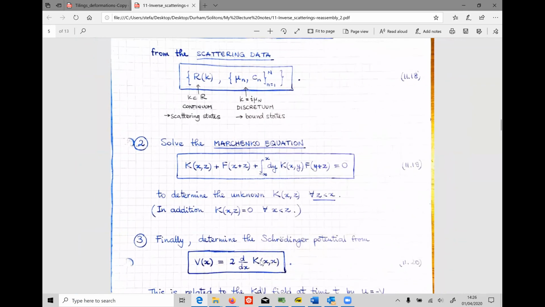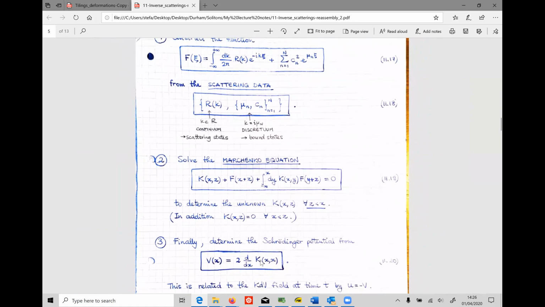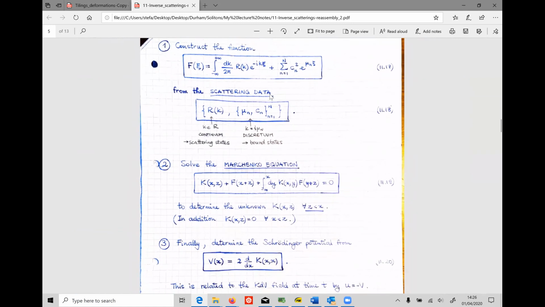So just to summarize again, we start from the scattering data at minus infinity, given by equation 11.18. We plug it in 11.17 to construct this auxiliary function F. This function F appears in the Marchenko equation that we can use to determine the integral kernel K, which in turn we can use to determine the Schrödinger potential, or equivalently, the KdV field.